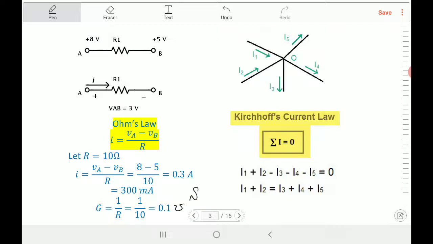If we consider the input, it will be I1 plus I2, minus I3, minus I4, minus I5, because they are not input, they are output, so they are given negative signs. The total will be equal to 0. If you consider it as input equals output, the input I1 plus I2 equals the output I3 plus I4 plus I5. That's the concept that we explained in the last lecture.